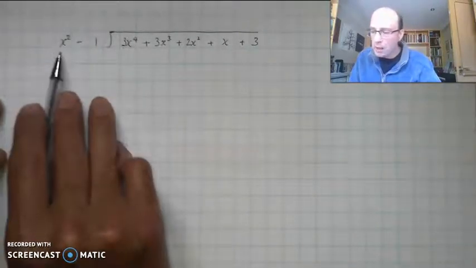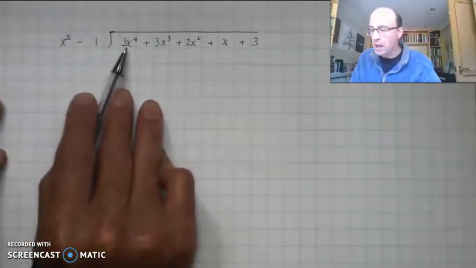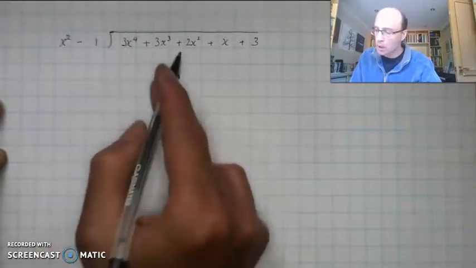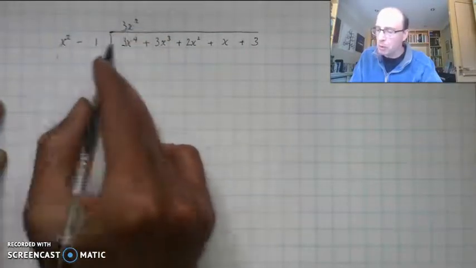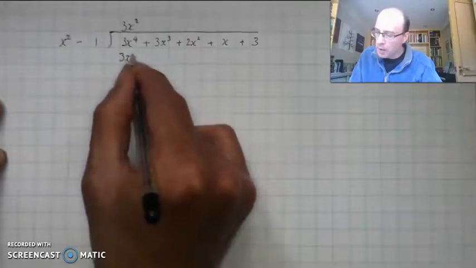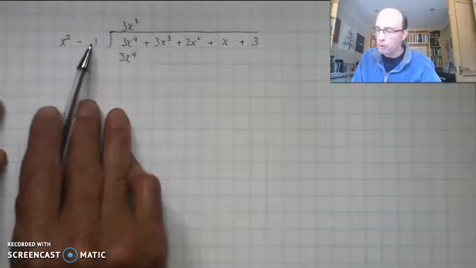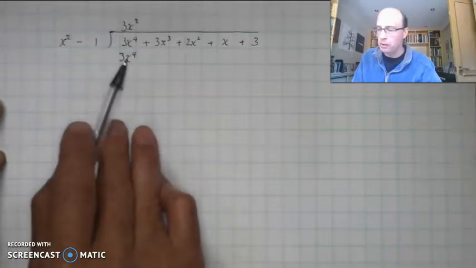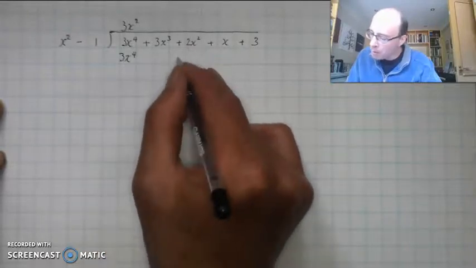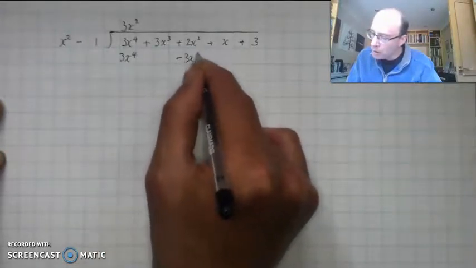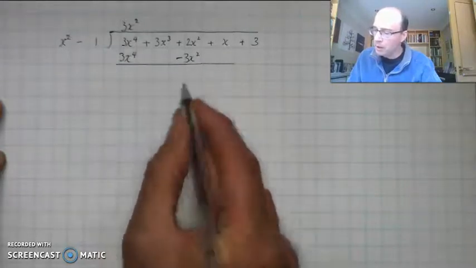Right. Same approach as before. How many x squareds go into 3x to the power 4? Well, I reckon that's going to be 3x squared. 3x squared times x squared is going to give me 3x to the power 4. I've got 3x squared times minus 1, so I've got minus 3x squared. I've got no cubes, so I'm going to leave a gap. I'm going to use my division line there.